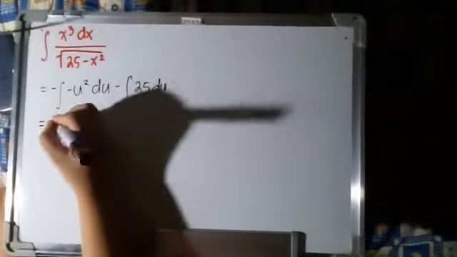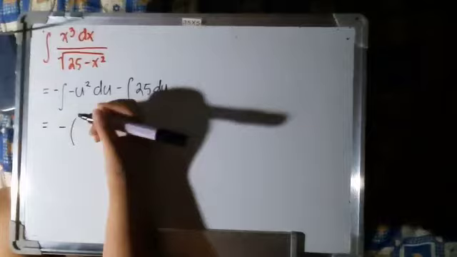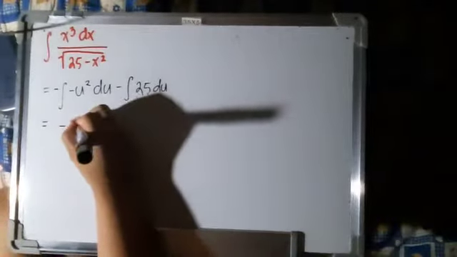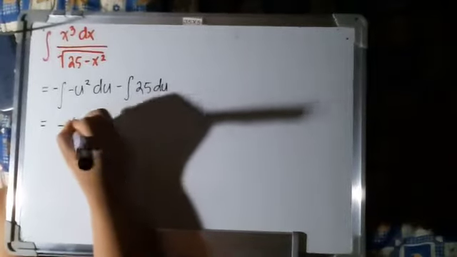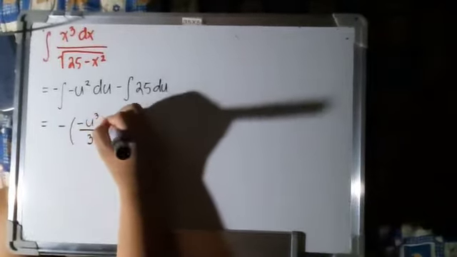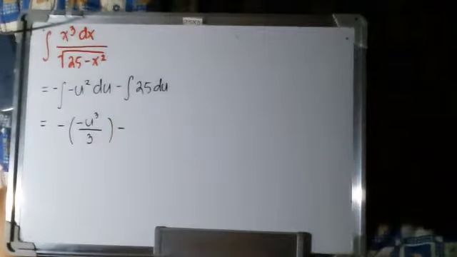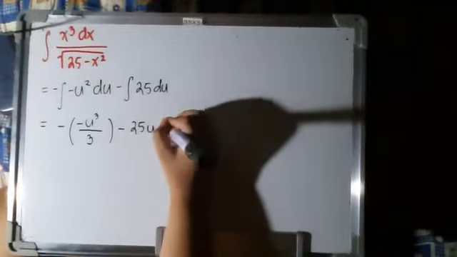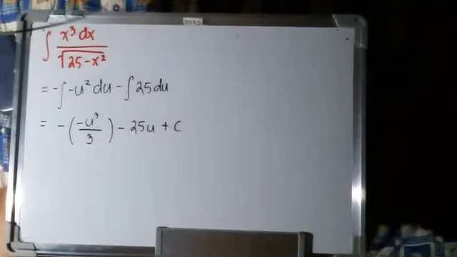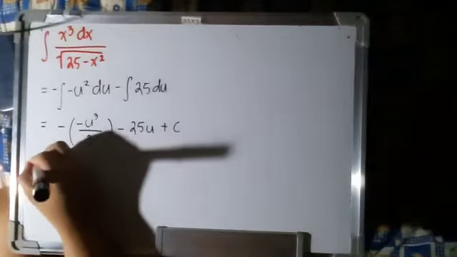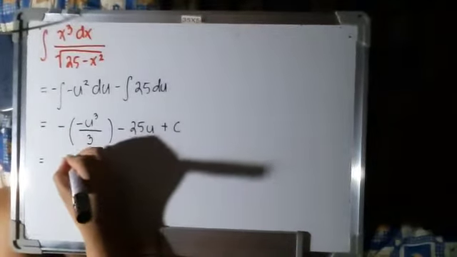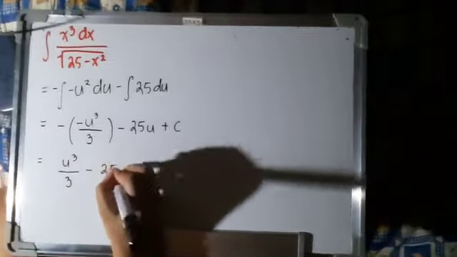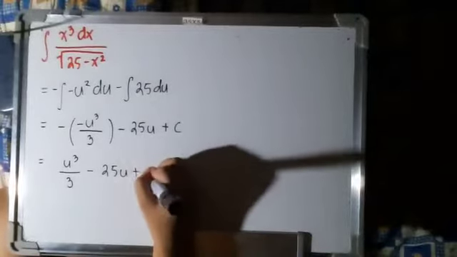This will be equal to negative quantity, so, integral of negative u squared. This will be negative u cubed over 3. Minus the integral of 25 du, that is 25u plus c. Ito, i-multiply natin. So, this will be positive. So, this will be u cubed over 3 minus 25u plus c.